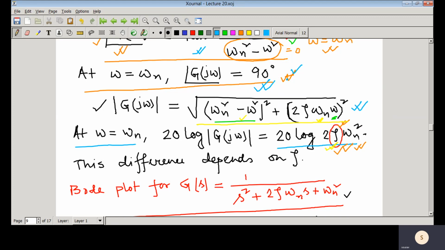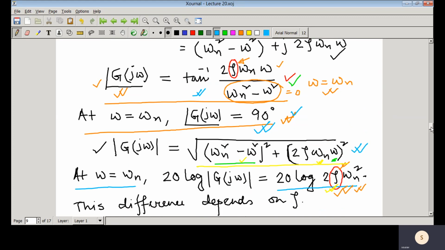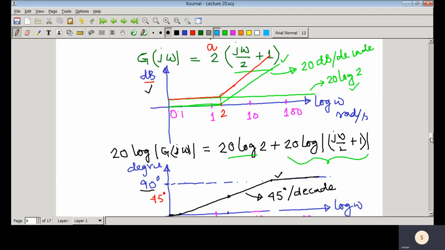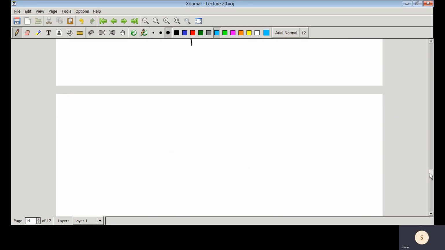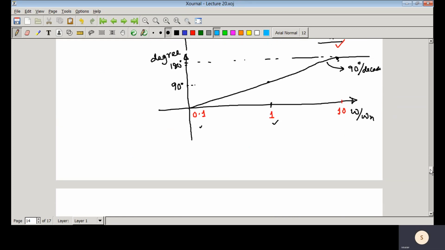But whenever you move from that corner frequency, then you can see that angle is a function of zeta, and when zeta varies, that means zeta is very small, then the plot looks like that.